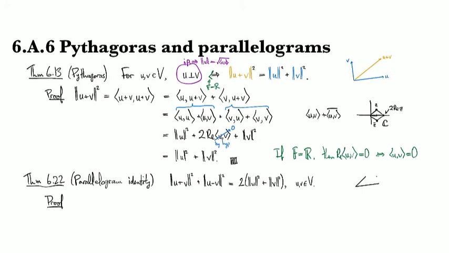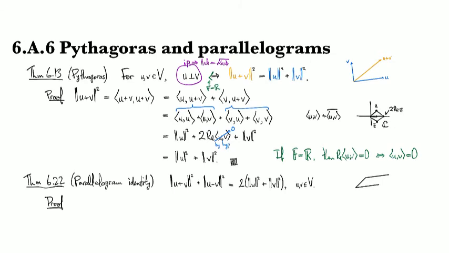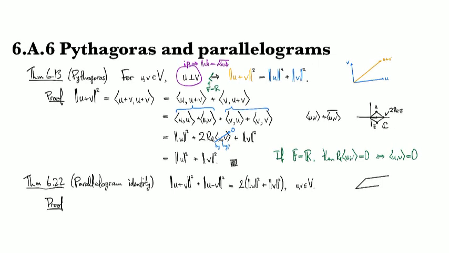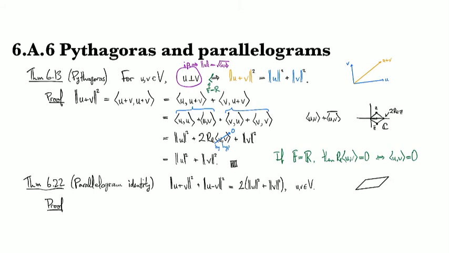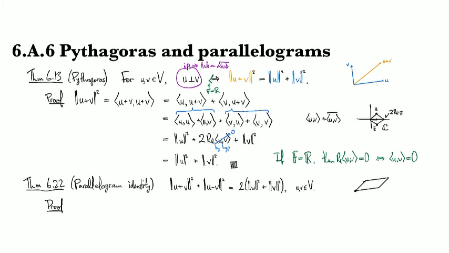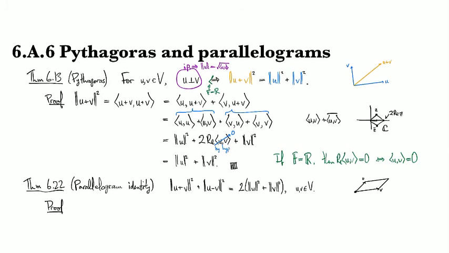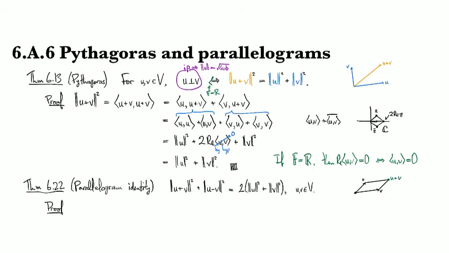If we make a parallelogram out of these, then let's see. So here's our origin, and then we have u here and v here, and then this one is going to be u plus v.